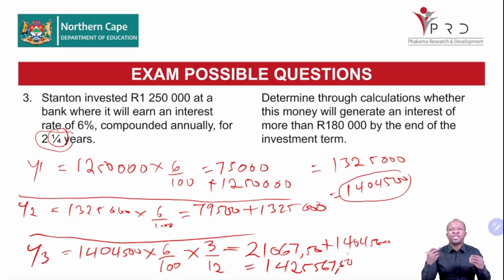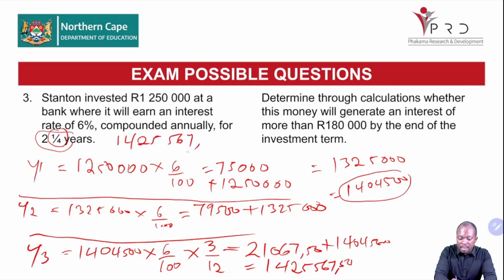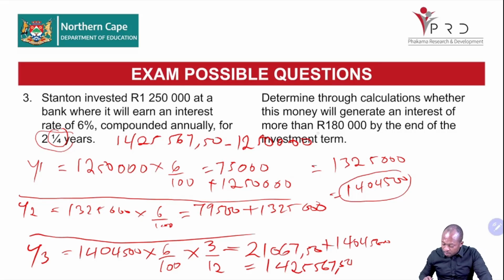Good, we have done something, but we have not finished answering the question. The examiner says, let's check if the interest is going to reach 180,000. So you take that 1,425,567 and 50 cents and minus the 1,250,000 which you started with. Don't forget. It means the interest you got is 175,567.50.